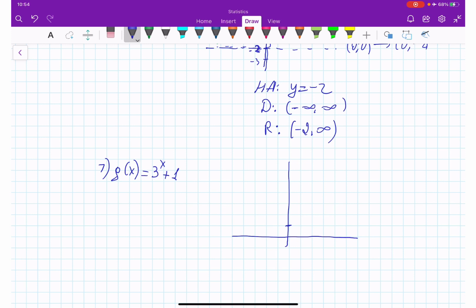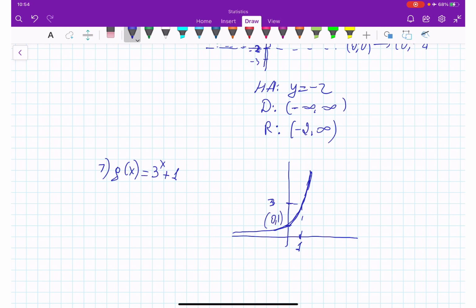This is 1. This is 1. This is my 3. It's going to go like this. Okay. This is 1, this is 3, and this is 0, 1.